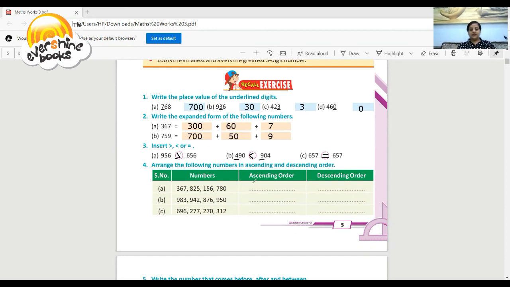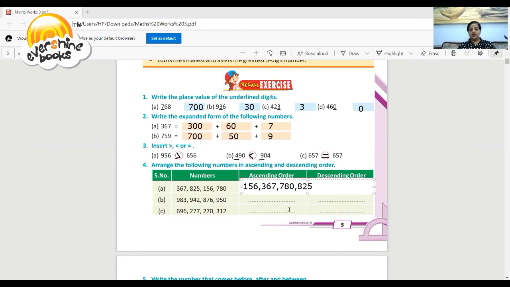Next we have to write ascending order and then we have to write the descending order. Ascending order is when the smallest number comes first: 156, comma, now 367, comma, then 780, comma, then 825.